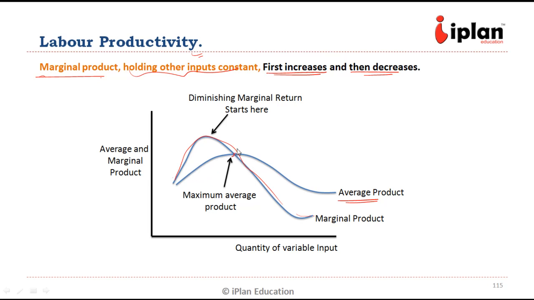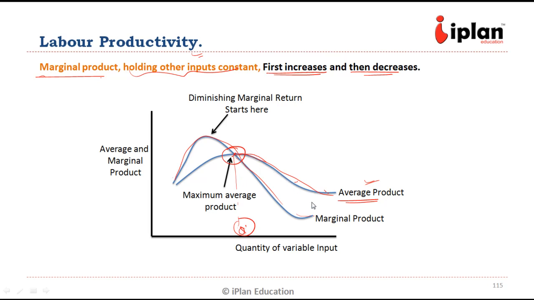The point at which the average product is cutting the marginal product, after that the average product will start coming down. So the quantity of variable input at which the marginal product is equal to average product is the maximum point of average product. After that, the average product will start coming down.